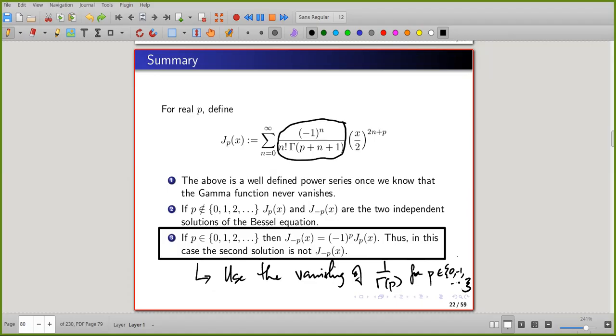It's in your tutorial sheets. The only purpose of this exercise is to use this property of the gamma function.